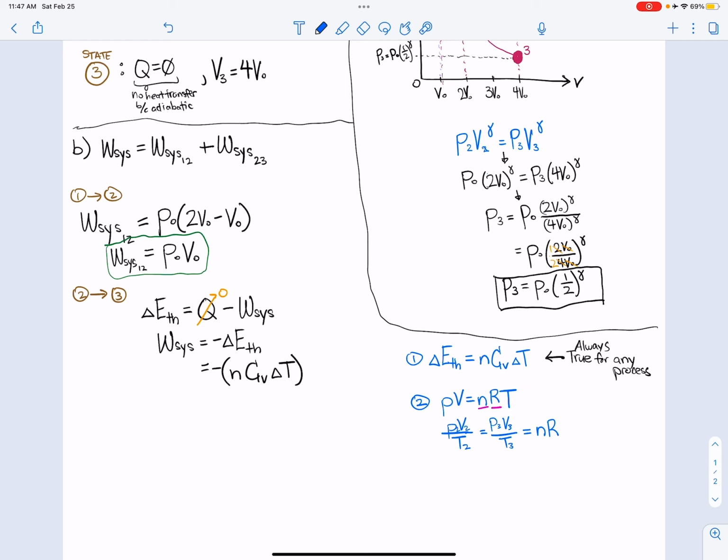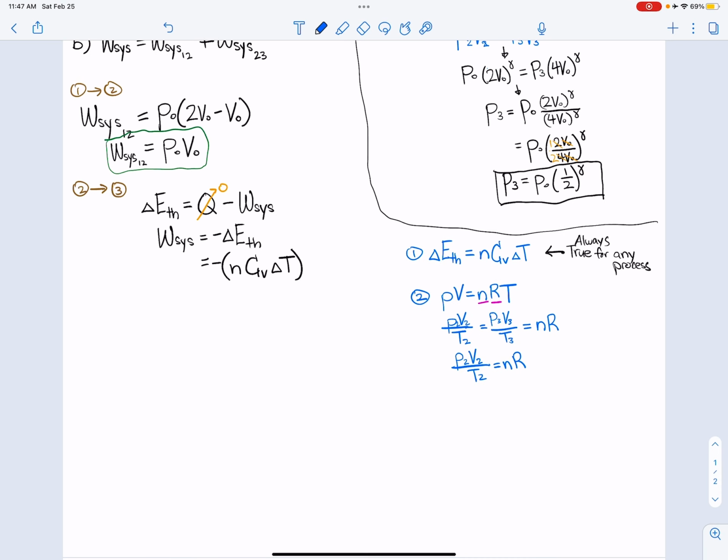Now I can solve for n because that's what I'm looking for. That's what I would like to replace in this problem. Okay. So looking at this, I got P2 V2 over T2 equals nR.